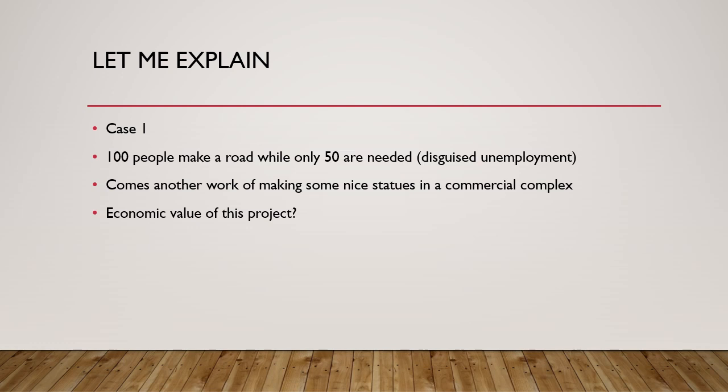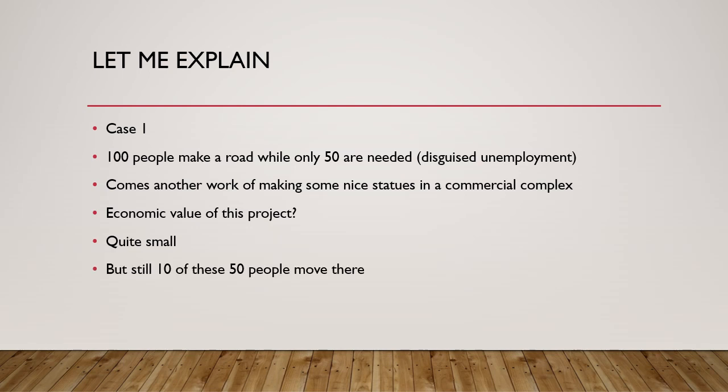This contractor needs 10 workers to complete the project going on in the commercial complex. The project is installing statues to improve the aesthetic value of the area. Now, to be fair, the economic value of this project is quite small.